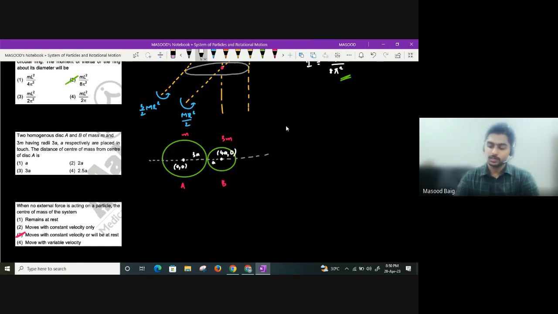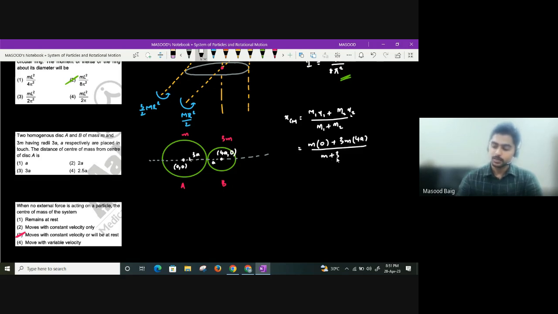Because they're point masses, I can use x_cm, the x coordinate of the center of mass, which is m1 x1 plus m2 x2 divided by m1 plus m2. The first mass is m, with x coordinate 0. The second mass is 3m, lying at a distance 4a, divided by the total mass m plus 3m.